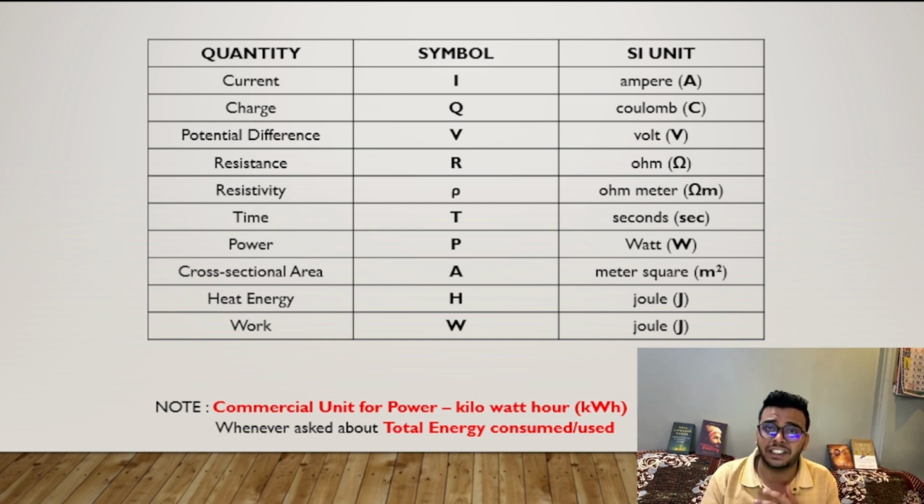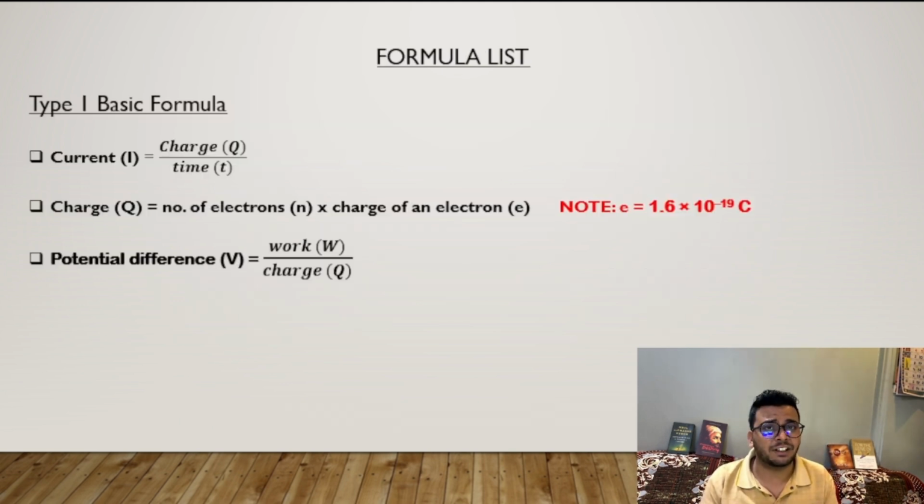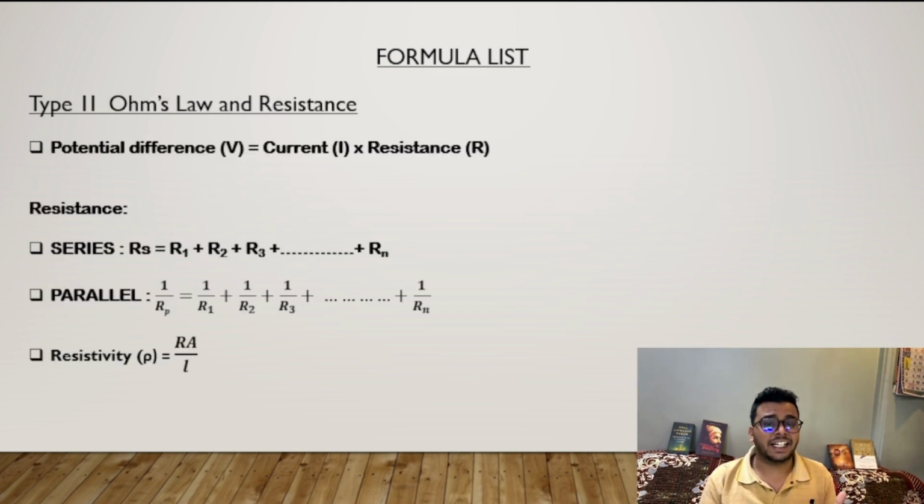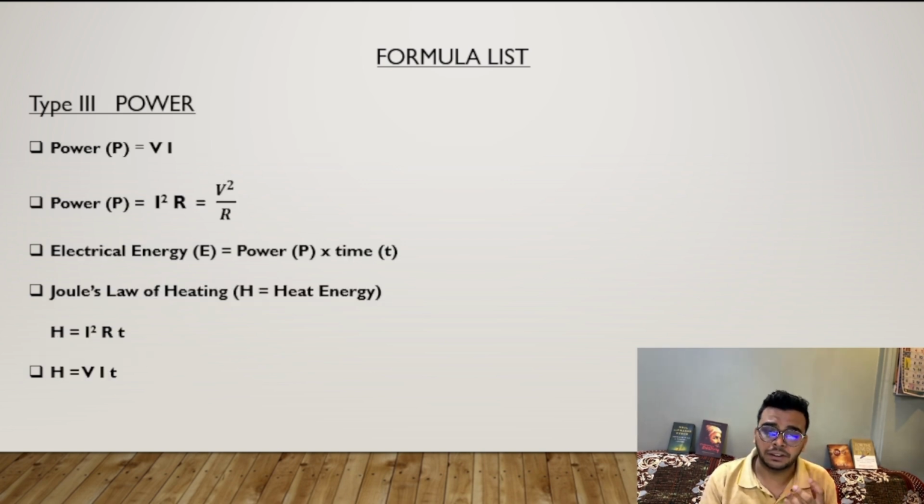I have divided the formula list into three types. First is the basic formula list, where you can see all the basic formulas are used. Whereas the second one contains Ohm's law and resistance formula along with resistivity. And the last list contains the formulas for power and heating effect.